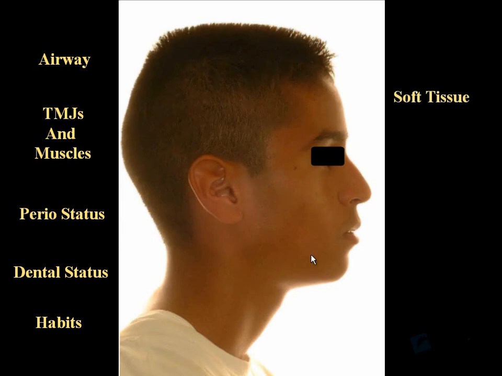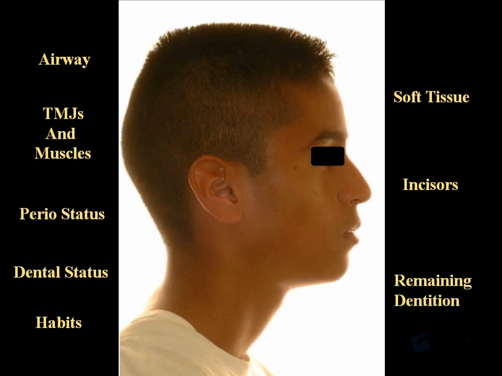Do we want to see some soft tissue changes on him? And we know that orthodontically that's going to be based on where we place his incisors. So to correct the soft tissue, we want to first evaluate incisor position, and then after that we will go to the dental VTO. So essentially we get the soft tissue and incisor information from our cephalometrics, and then we go to the dental VTO to get our remaining information.